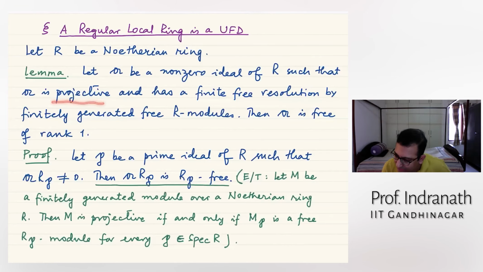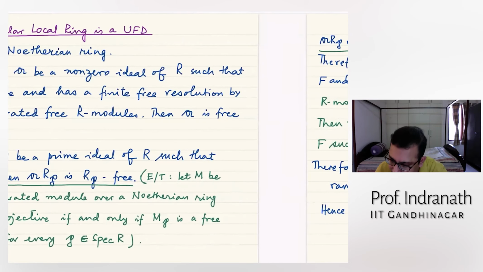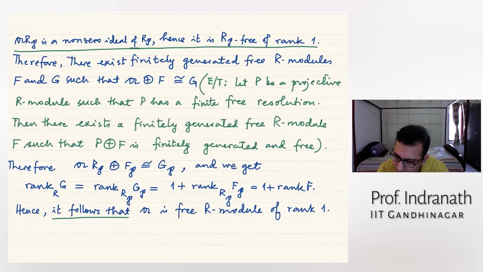Now comes another very important observation, which is going to be of use: since this is a non-zero ideal, it is R_P free of rank 1. Can somebody tell me why rank 1 has suddenly come?